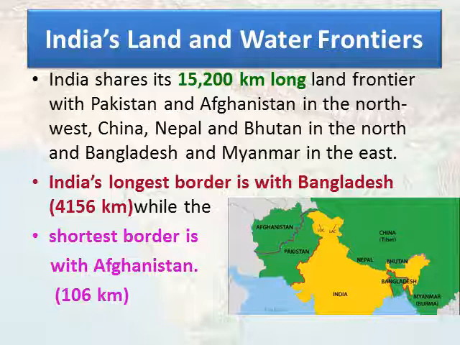Now let us understand India's land and water frontiers. Dear children, India shares its 15,200 kilometers long land frontier with Pakistan and Afghanistan in the northwest, China, Nepal and Bhutan in the north, and Bangladesh and Myanmar in the east.